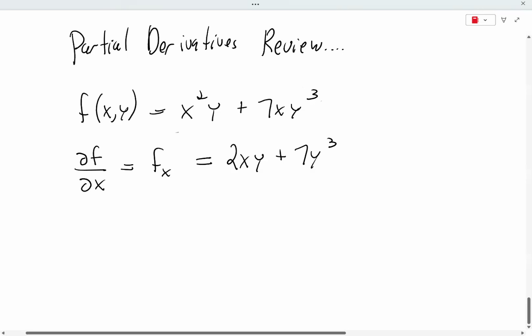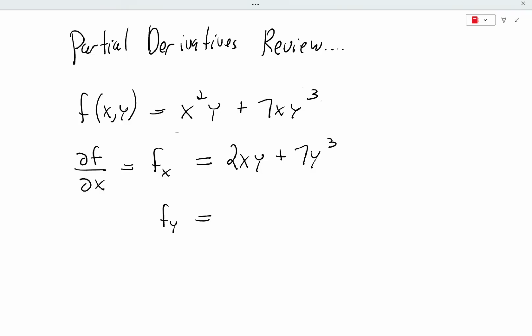Now, what about the partial of f with respect to y? Don't say the answer. Maybe just take a minute and try it yourself, just to make sure we're good on this. You take the partial with respect to y, now you treat the x like a constant. So what would that be then?